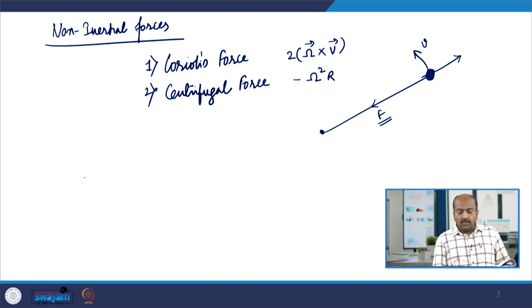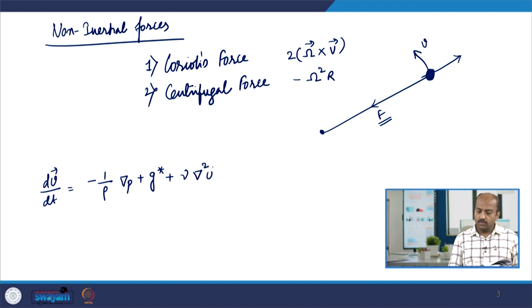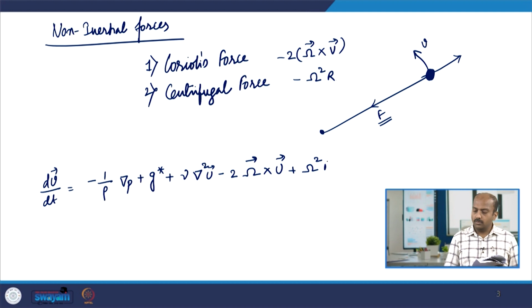Now we can write the full equation of motion: dV over dt equals minus 1 by rho del p, plus g star, plus eta del square u, minus 2 omega cross velocity, plus omega square r.